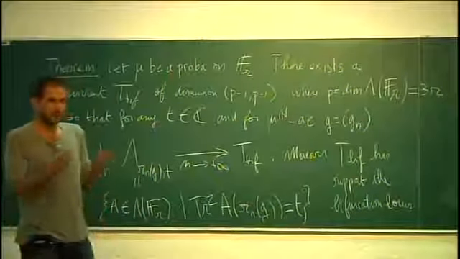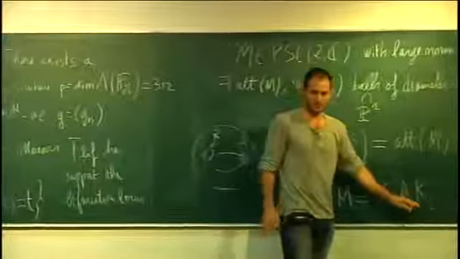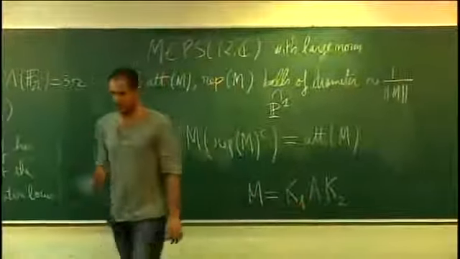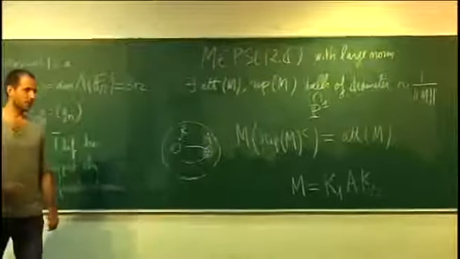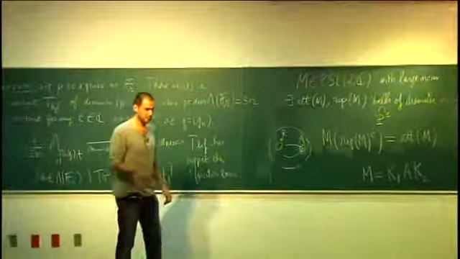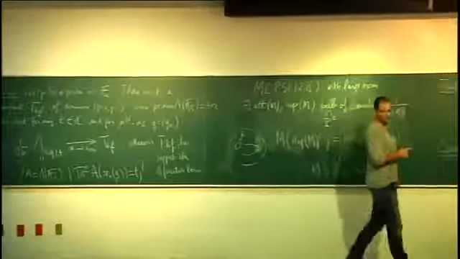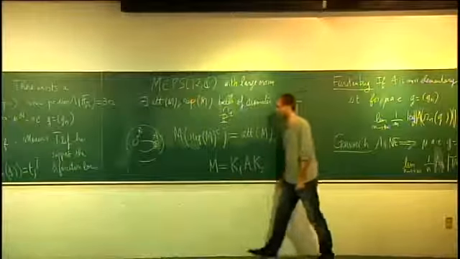M square is a product of two matrices of large norm, and the KAK decomposition is really bad. But if you take a matrix of large norm and you multiply it by a matrix of norm, say, 10, then it is really possible to understand what happens for the decomposition.